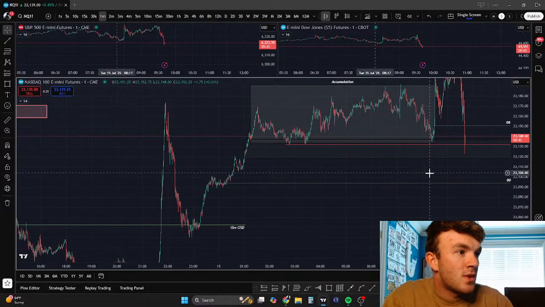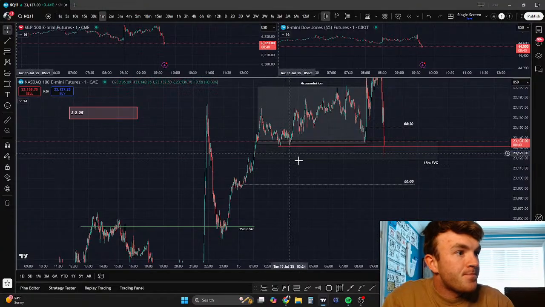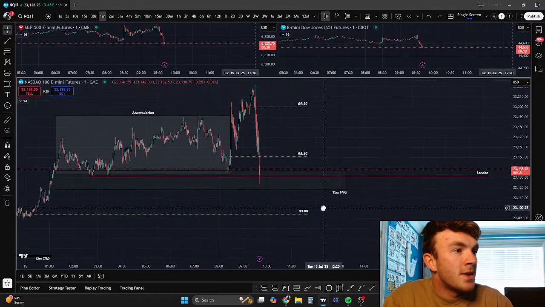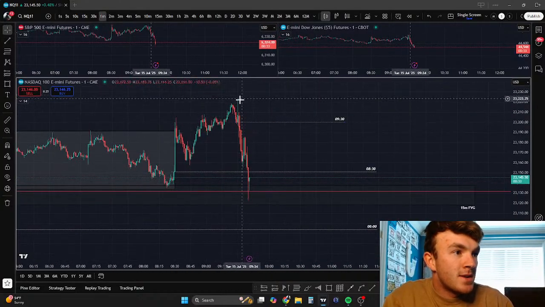All right, so we're just sweeping London's lows here. We are below 8:30. We're below midnight. So I'm anticipating this to be the Judas swing right here, right?